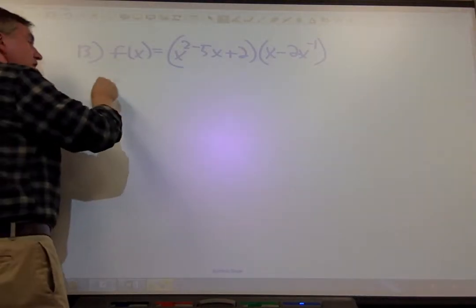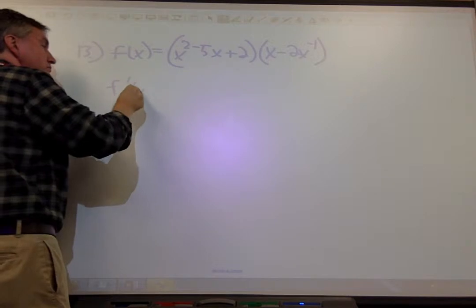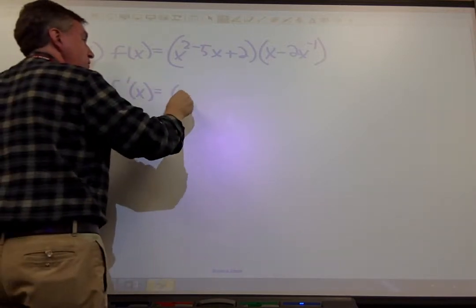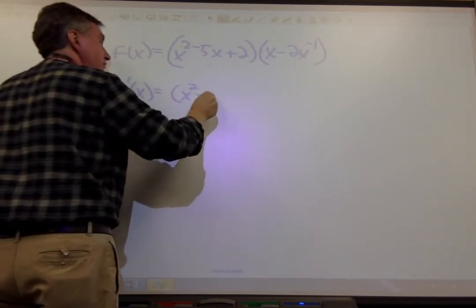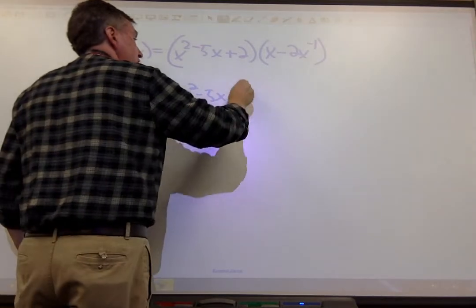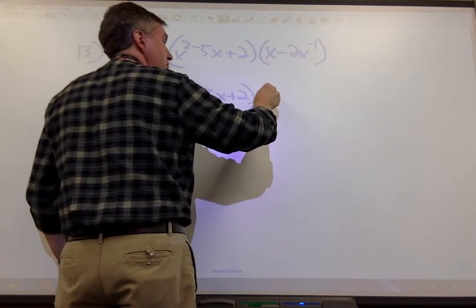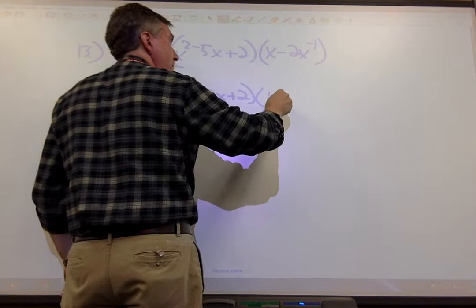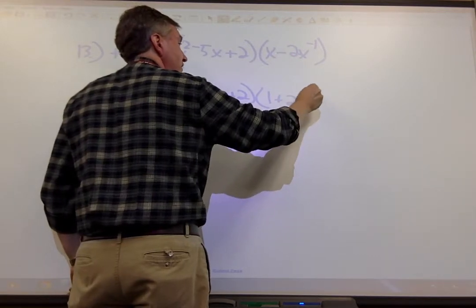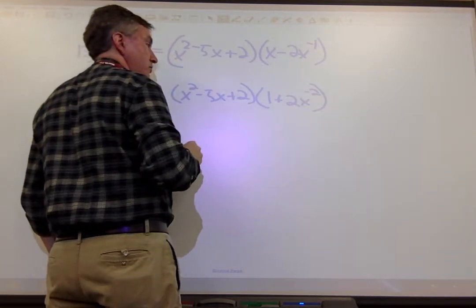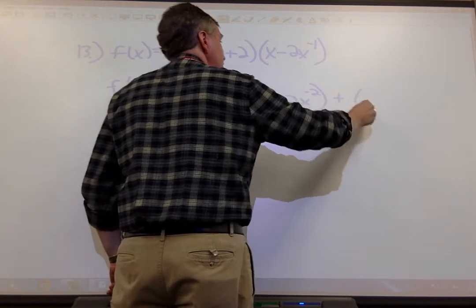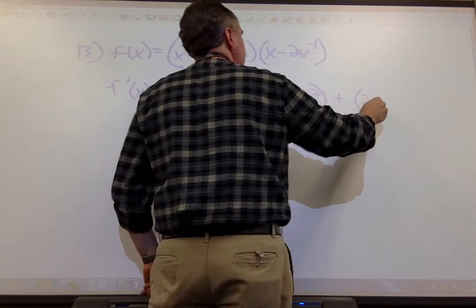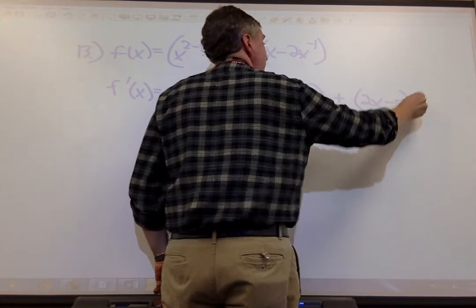If we use the product rule, that would be first times derivative of second, which would be 1 plus 2x to the negative 2, plus derivative of first times original second.